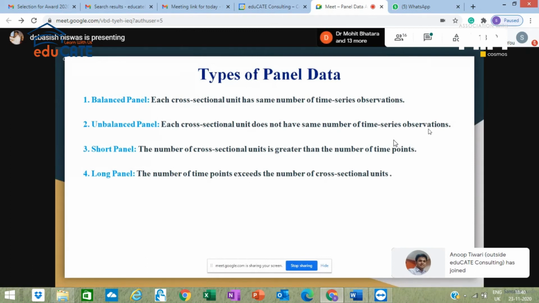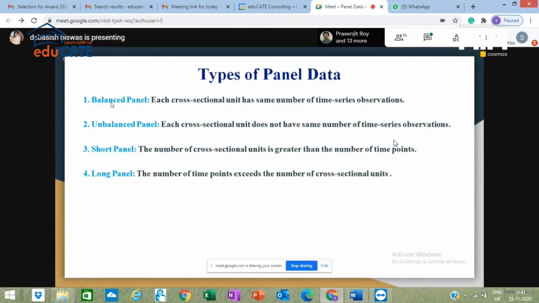On the basis of the number of observations across the cross-sectional units, the panel data is of two types. One is called balanced panel and another is called unbalanced panel.